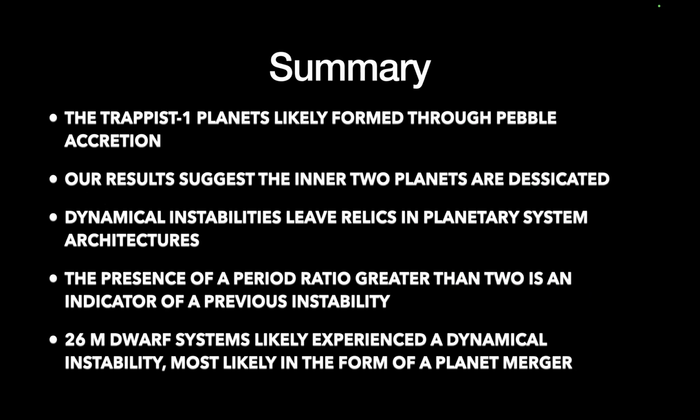We've also shown that dynamical instabilities leave relics in the observables of these systems, specifically that the presence of a period ratio greater than 2 strongly suggests that that system experienced a late stage dynamical instability, which might make it more preferable for habitability. And so that allows us to identify 26 specific M-dwarf systems that might have more habitable planets than the systems that formed primarily through pebble accretion and did not experience the same degree of dynamical modification.